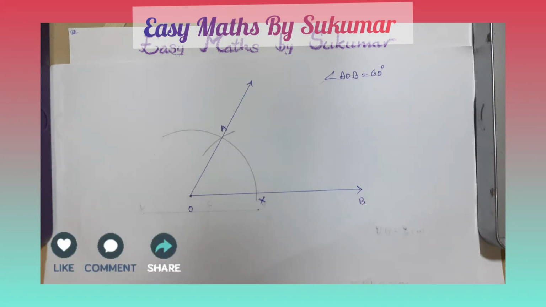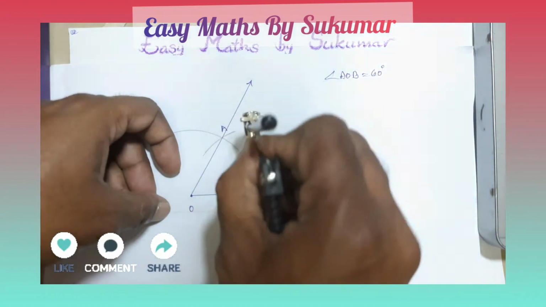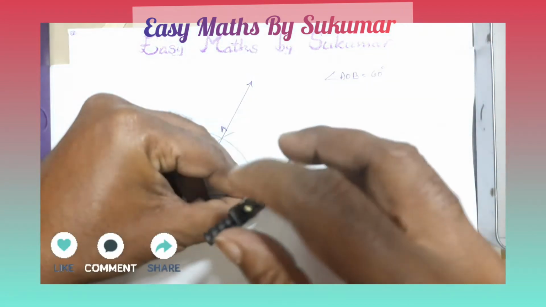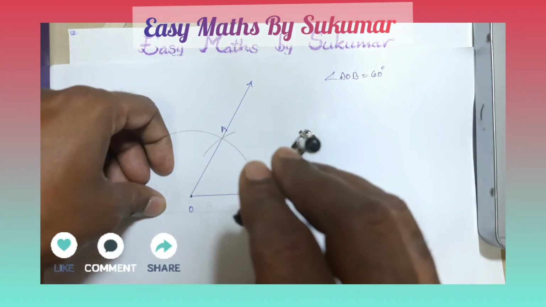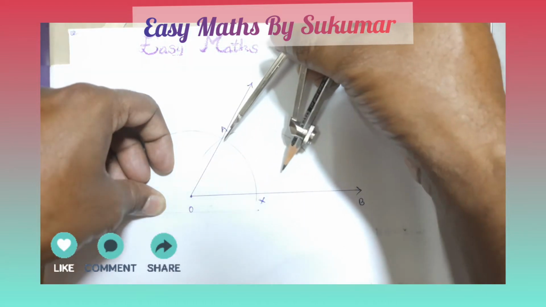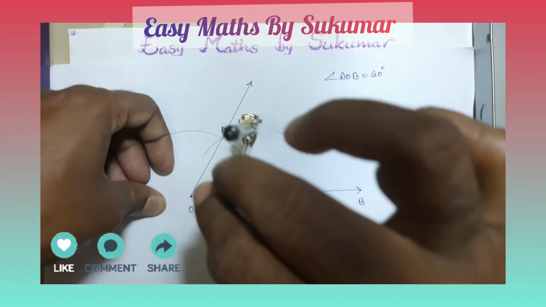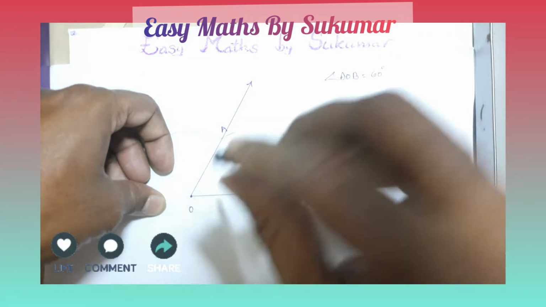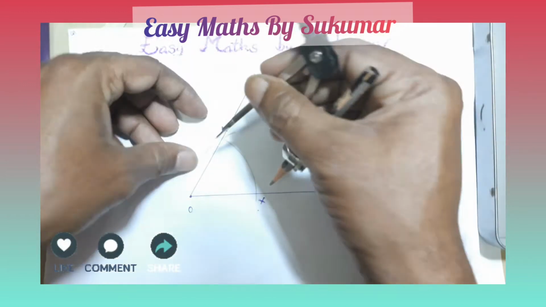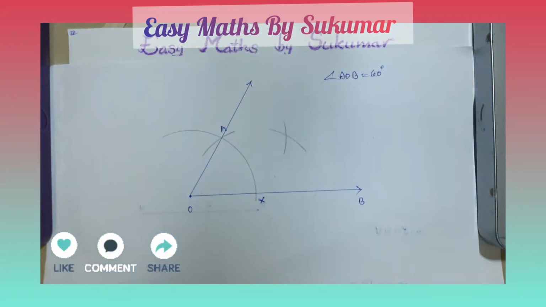See, my dear students, how to bisect this angle. With the same radius, using this compass, just draw one more arc like this. From X, just draw another arc, and from A also, my dear students, draw another arc to cut the previous arc.